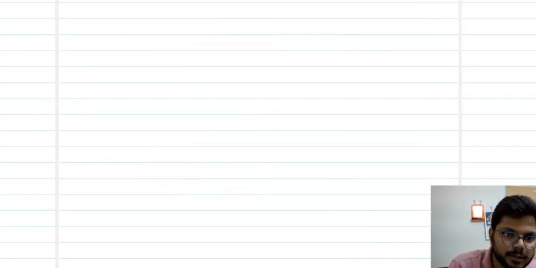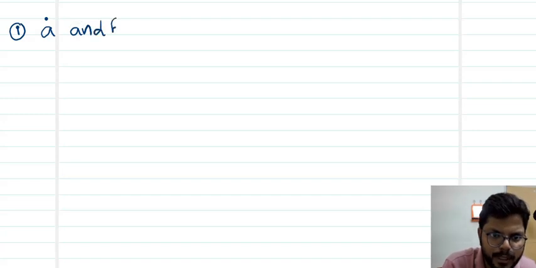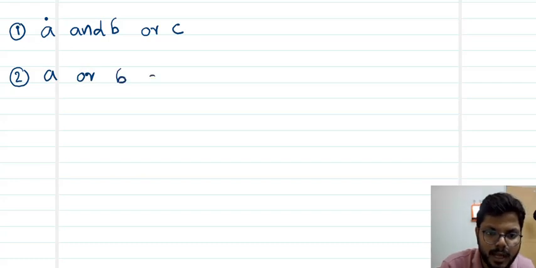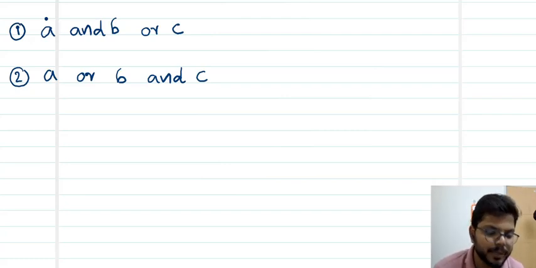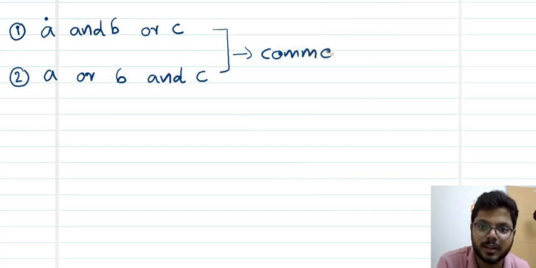Your first question is A and B or C. And the second one is A or B and C. So you try to implement in your online compilers and tell me the answer of these two questions in the comment section. I am expecting your answers in the comment section.